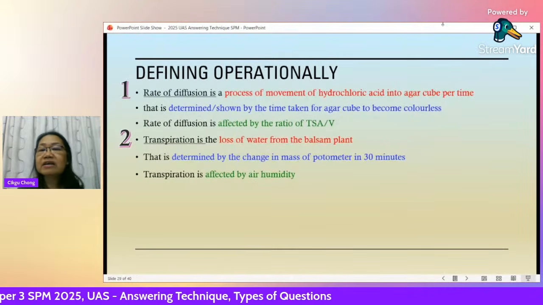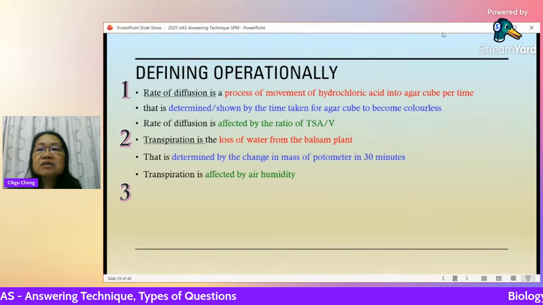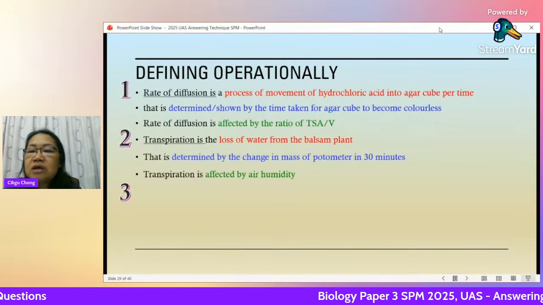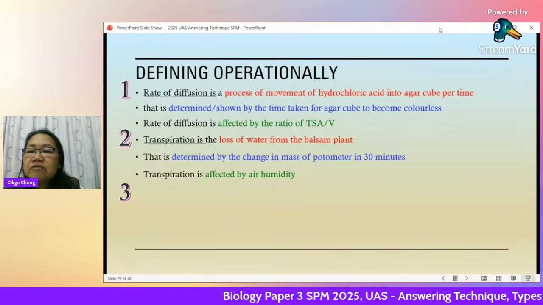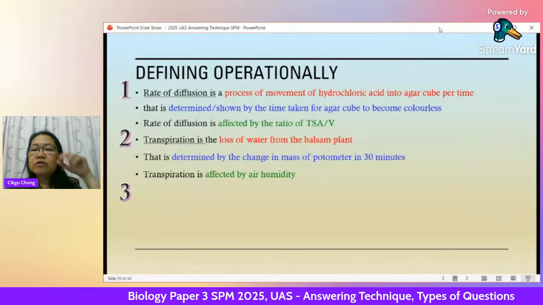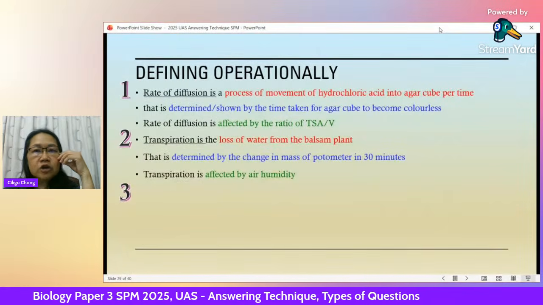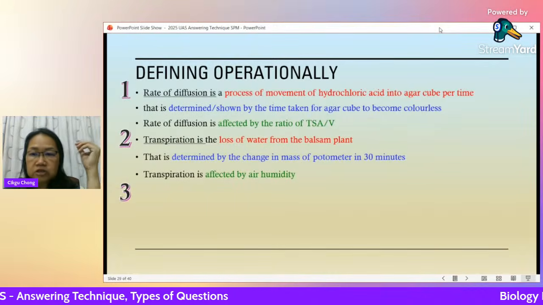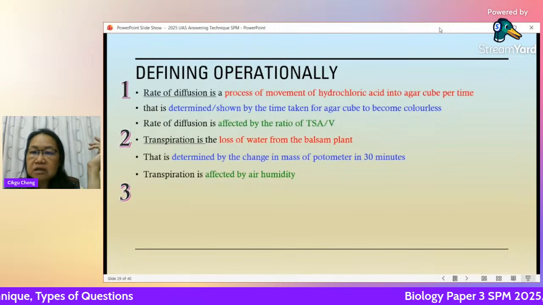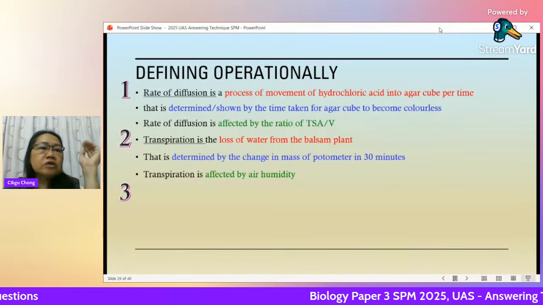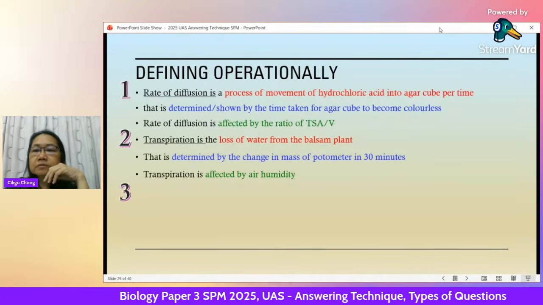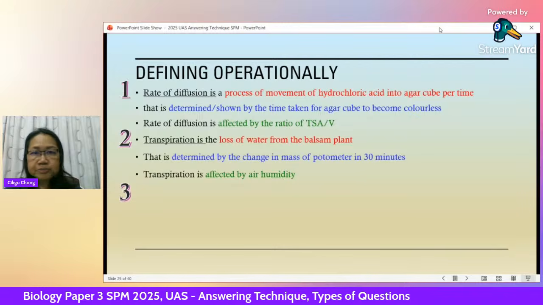Understand? All right. Okay, I have another question here. Can I change a bit the theory mentioned in the instruction or question for the operational definition? Because sometimes the question will give the theory. If the theory is given, whatever you write for your operational definition, you have to make sure you mention your MV, your RV in your experiment. So you see all this is very specific, isn't it?